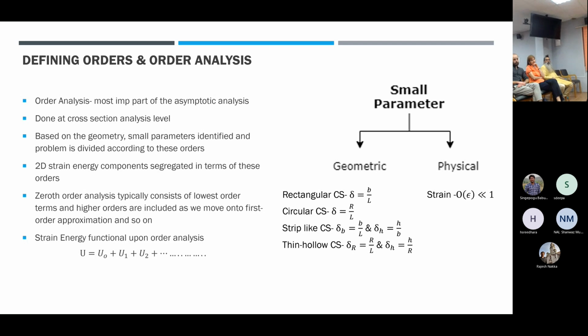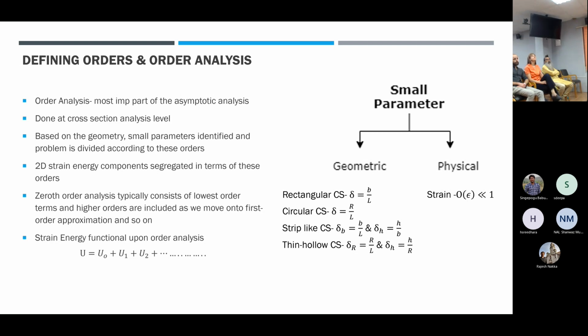For a solid circular cross section, you can have a radius to length ratio as a small parameter. Then for strip-like cross sections, the thickness to width ratio becomes another small parameter. Similarly for thin hollow cross sections, we have the thickness to radius ratio, which again becomes another small parameter. And then we always have the strain as a small parameter.